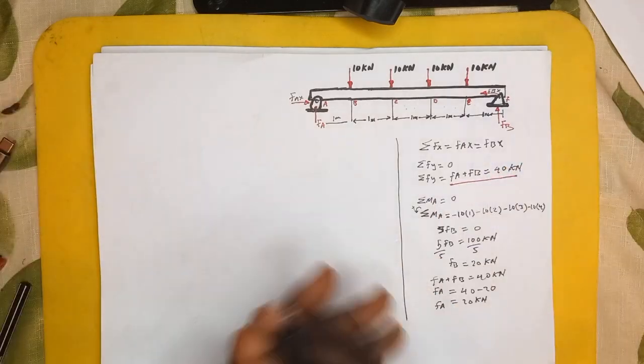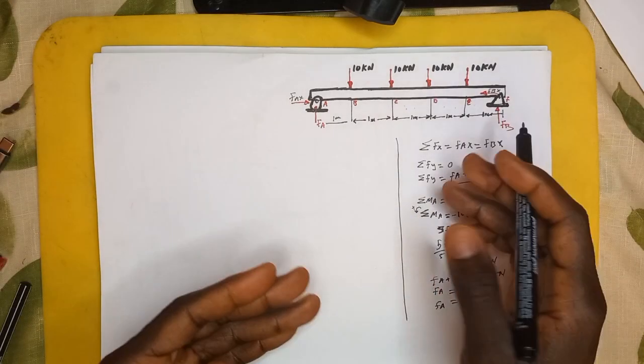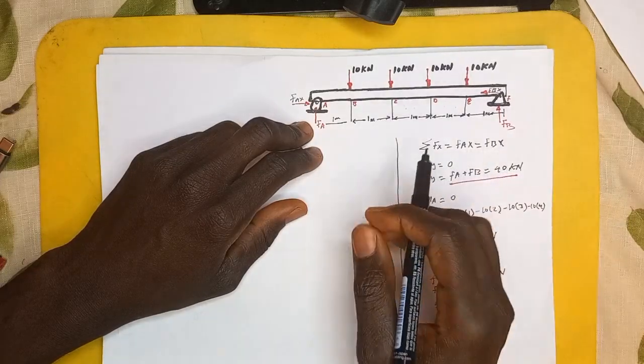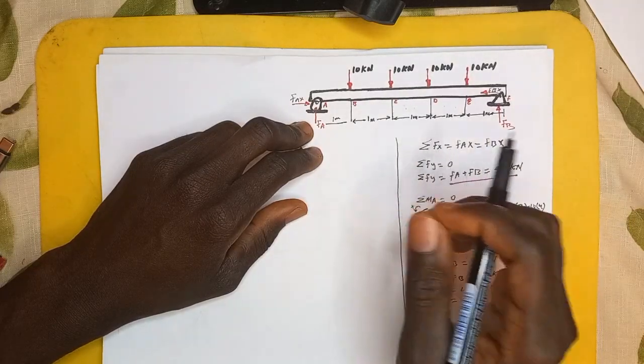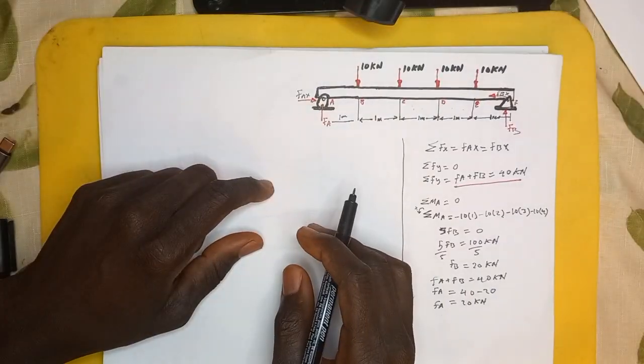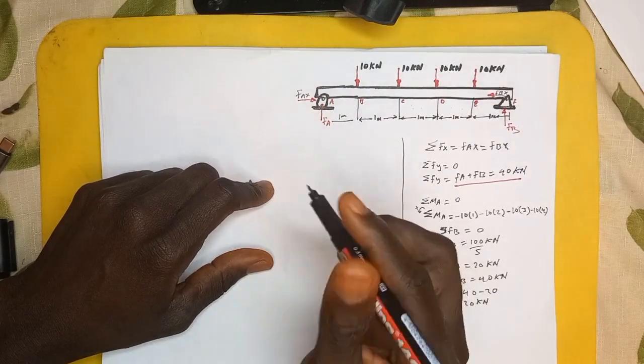Now the next thing that we have to do is to graph the shear force and the bending moment. But remember, in this video, I promised to show you 2 techniques that you can use to graph the bending moment. The first technique is what I call the moment technique, and it is in this form.